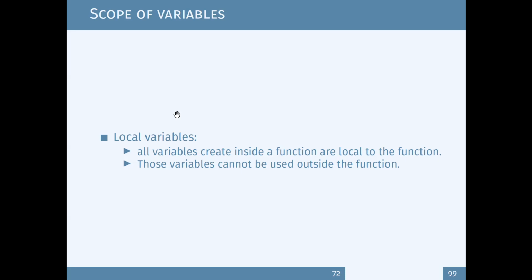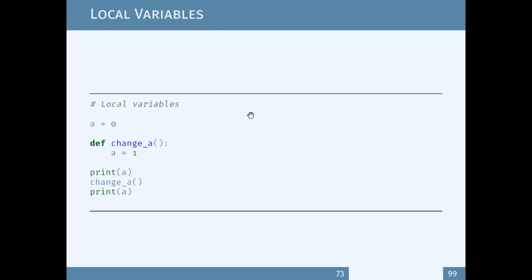For example, if you take this example, there are two A's here, but whatever A we define within the function will appear only within it. Because of this, here we say A equals 0, and then there's a function which tries to change the value of A. So when you print A originally, it will print 0.